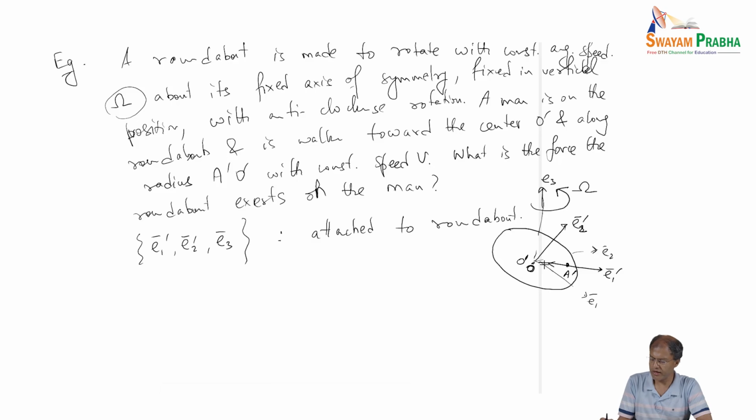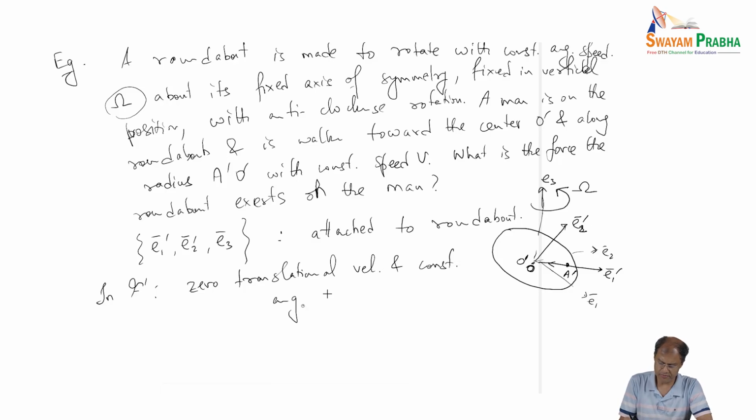So the man is moving towards the center O prime, which is also O. Now, in F prime we have zero translational velocity and constant angular velocity, so omega is omega E3.